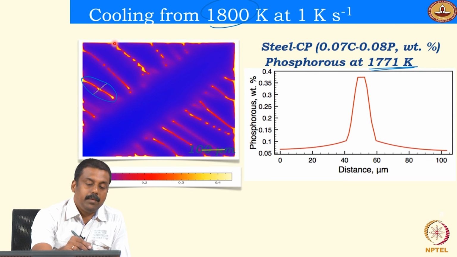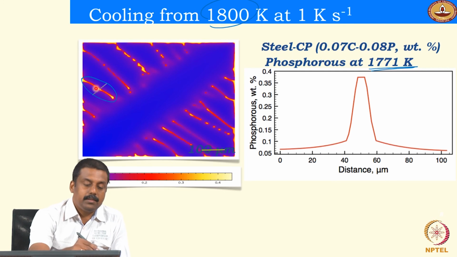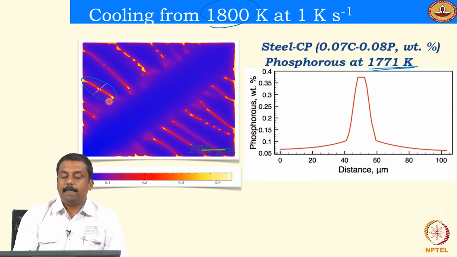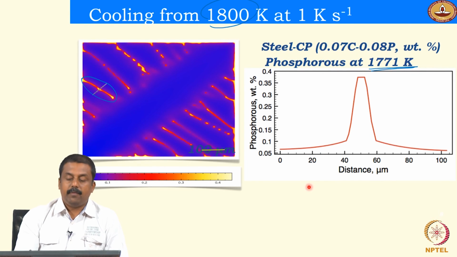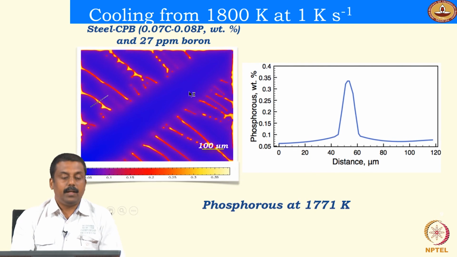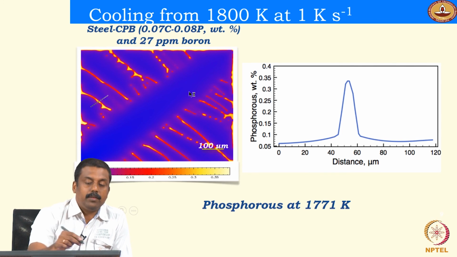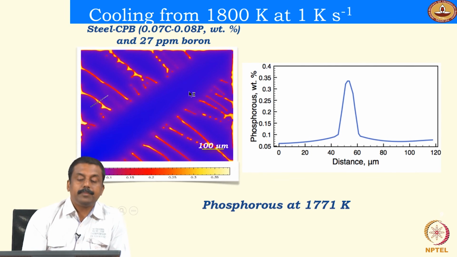For example, in this case, the phosphorus concentration at these boundaries can go as high as 0.48%. So now what happens if you look at the steel with 30 ppm of boron?